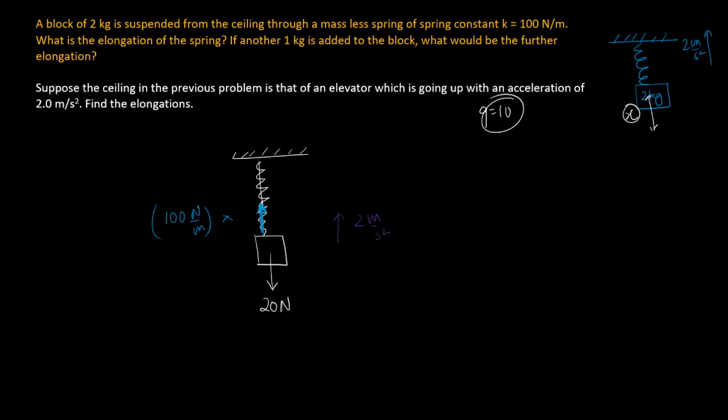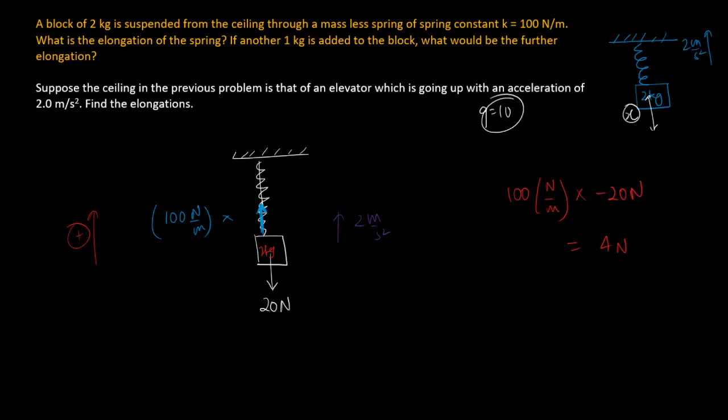So you can write an equation for this. Considering upwards to be positive, 100 newtons per meter times x, minus 20 newtons, since gravity is in the negative direction, is equal to the mass, 2 kilograms, times the acceleration, 2 meters per second squared, so the net ma is equal to 4 newtons.